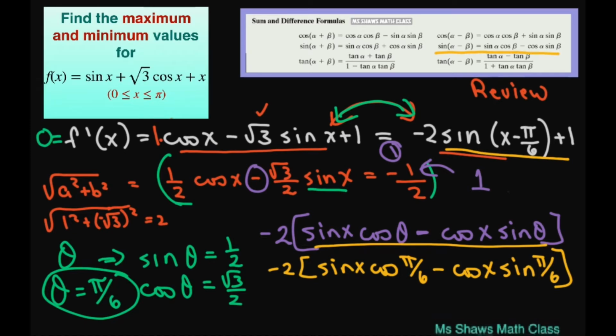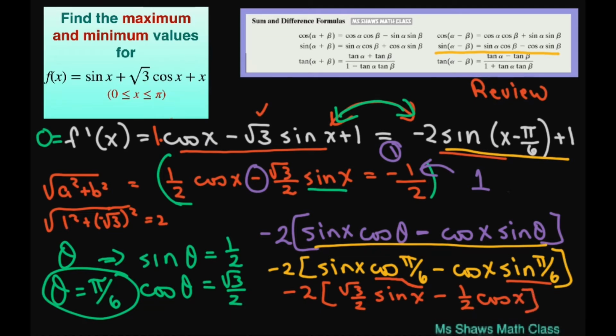Cosine of pi divided by 6 is square root of 3 divided by 2, and we have sine of x, minus 1/2 cosine of x.